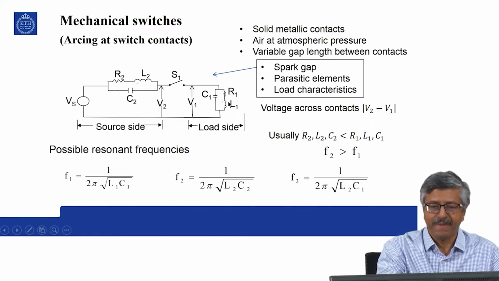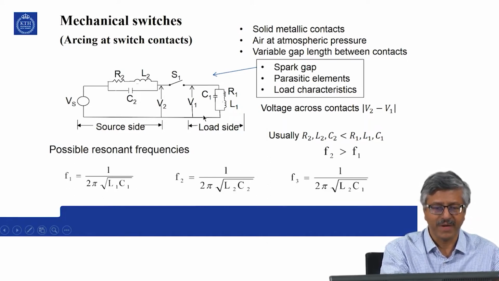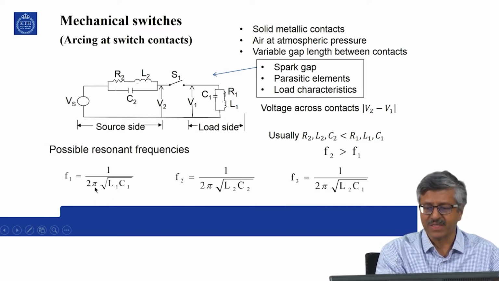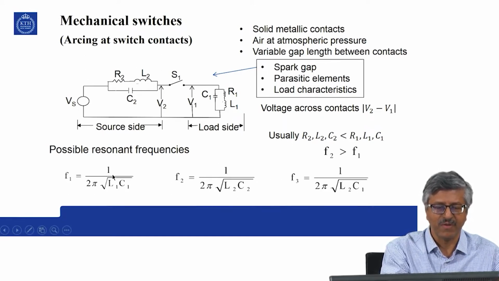Now, these are resonance circuits. If you look at the possible resonant frequencies, you can find at least 3 frequencies here. One is a resonance in the load side C1 and L1, a resonance frequency of 1 by 2 pi root L1 C1.